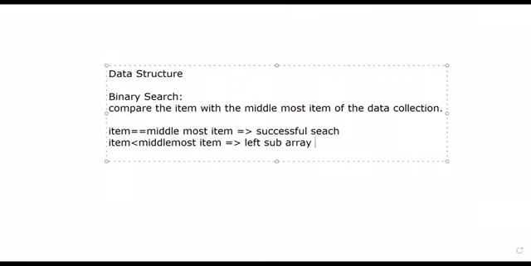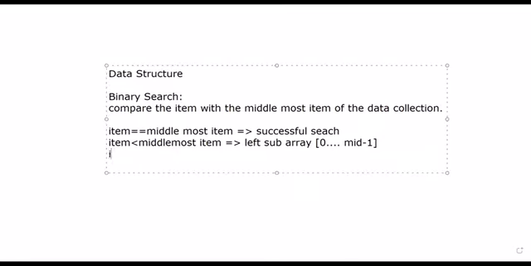I'll check from my indexing 0 till mid minus 1. If the item that I am searching for is more than the middlemost item, then I will shift my search to the right subarray, that is mid plus 1 to the end.